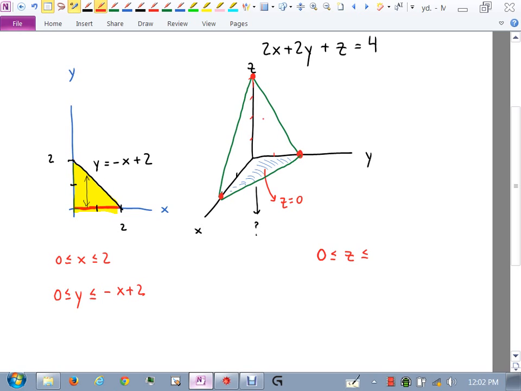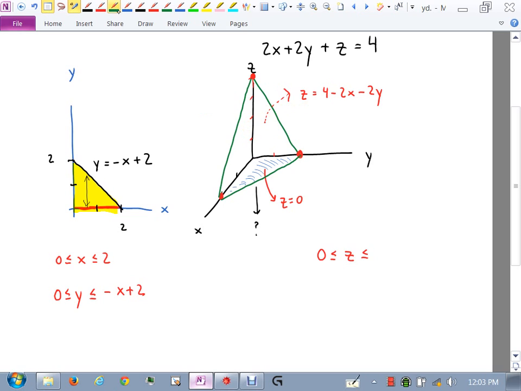And then what's the top of this? So I'm talking about that face of that tetrahedron. What is the equation of that? It's got to be Z equals something. 4 minus 2x minus 2y. Because it comes from this plane equation, we solve the plane equation for Z, and that gives us our top. Yes?